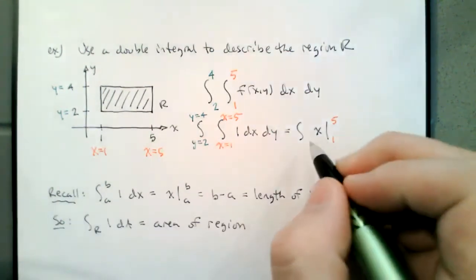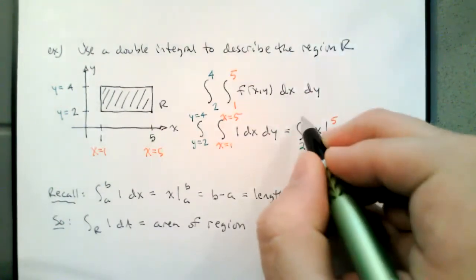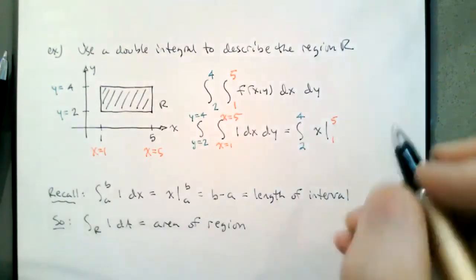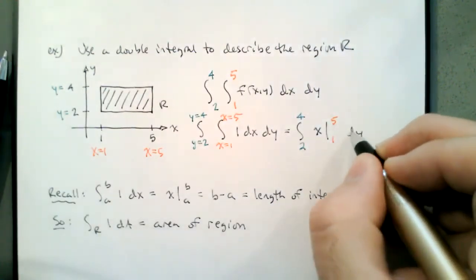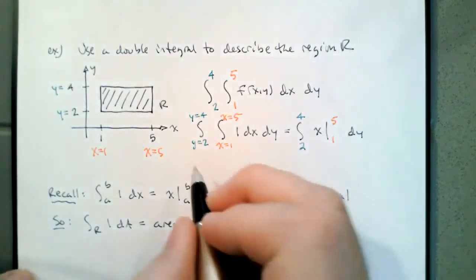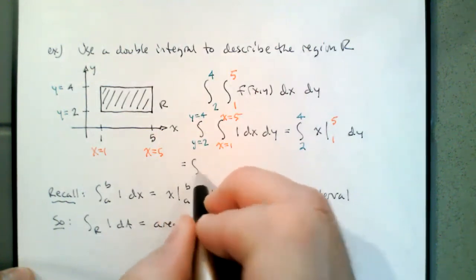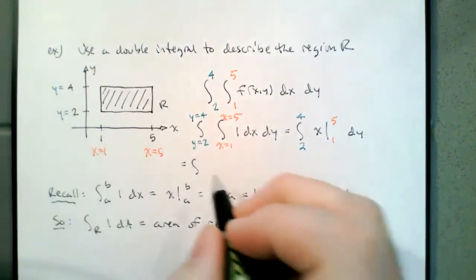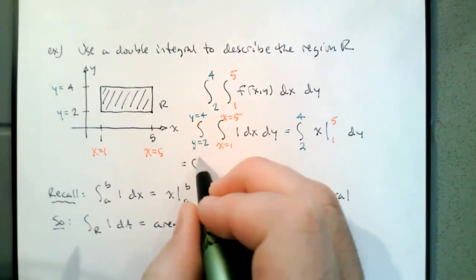I still haven't integrated with respect to y. So I still have my dy integral out here. Now, when I evaluate x from 1 to 5, I still haven't done my y integral, so it's still from 2 to 4.